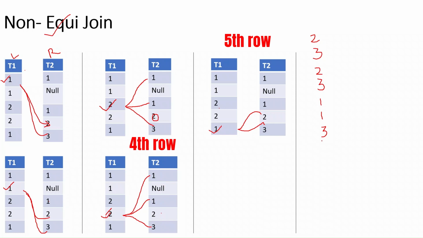For the fourth row we got the result 1, 1, 3. Then the fifth row we are comparing. The fifth row of the first table compared with the second table, we got the result set 2, 3.